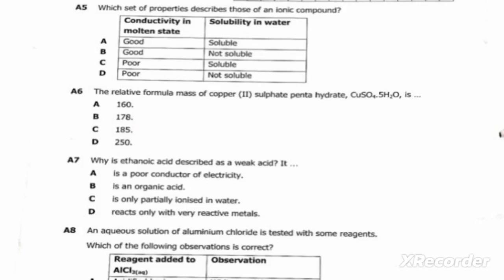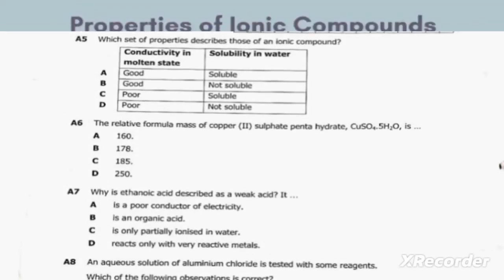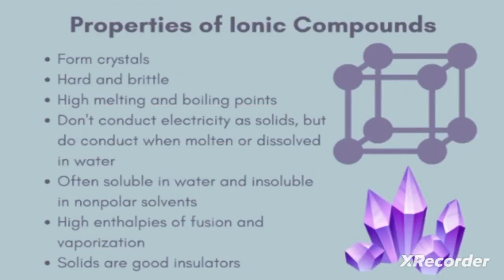ionic compounds conduct electricity when they are in molten state. We also need to understand some of the properties of ionic compounds. They form crystals, are hard and brittle, have high melting and boiling points, do not conduct electricity as solids but do conduct when molten or dissolved, are often soluble in water and insoluble in nonpolar solvents, and have high enthalpies of fusion and vaporization.